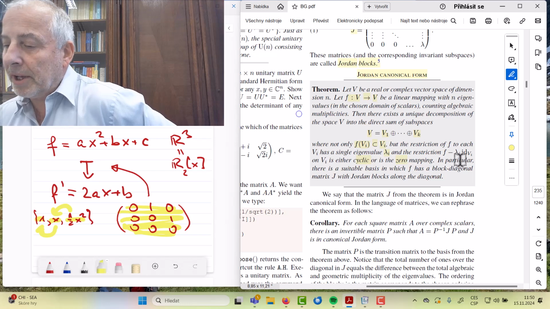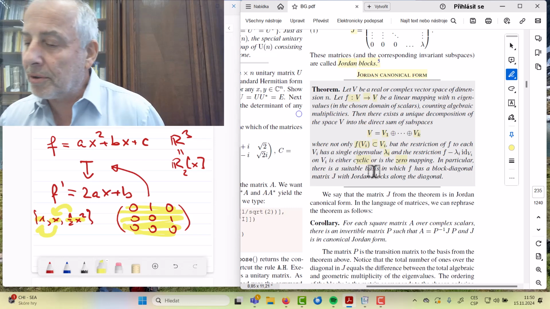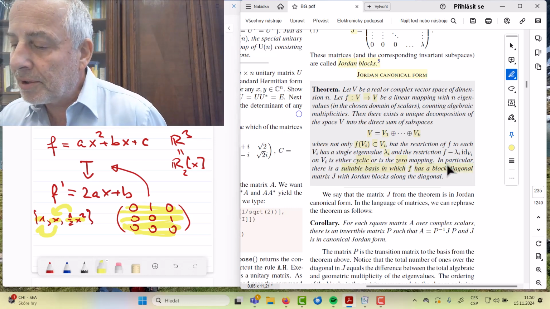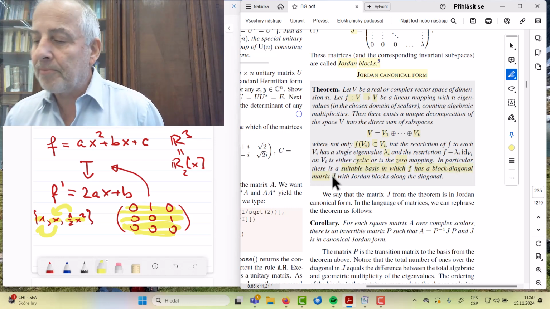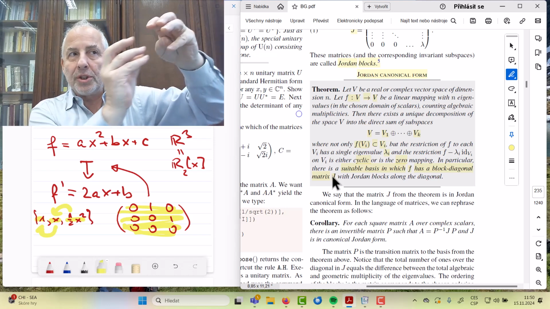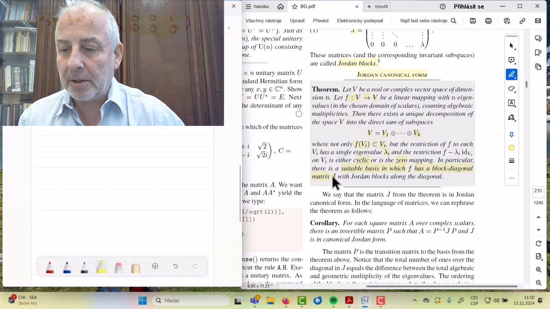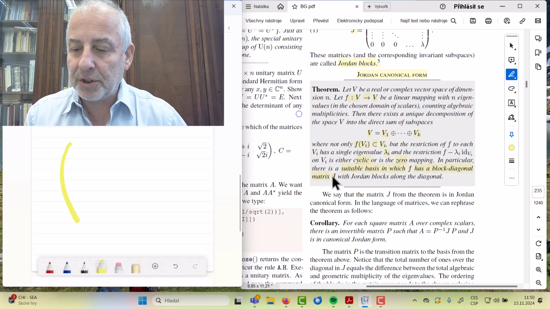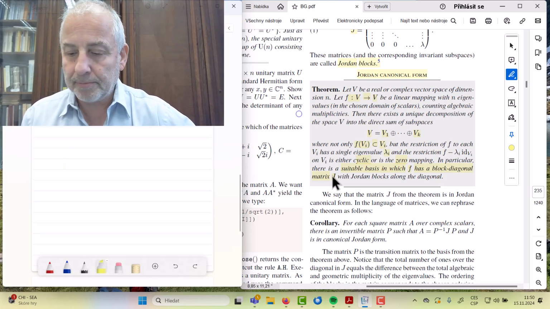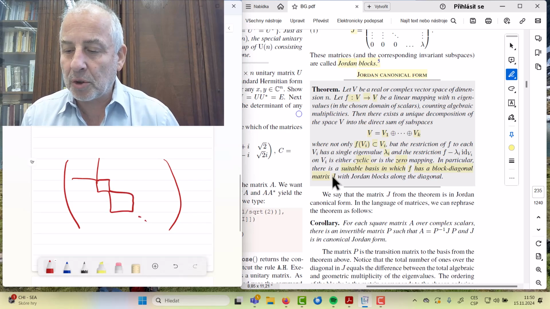So in particular, it means that you can always find a basis of the vector space where the matrix of the mapping becomes block diagonal. It will be something like this, and there will be blocks of different sizes, a small one, a bigger one, and so on.